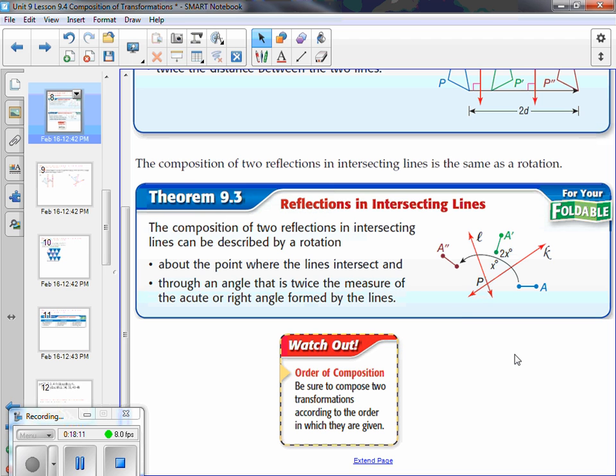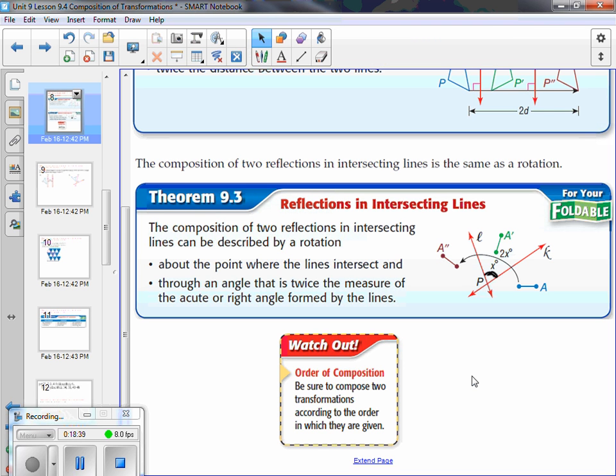The composition of two reflections in intersecting lines can be described by a rotation about the point where the lines intersect, so we can even tell where the center of rotation is, through an angle that is twice the measure of the acute or right angle formed by the lines. So whatever the measure of that angle right there is, twice that is the angle of rotation.